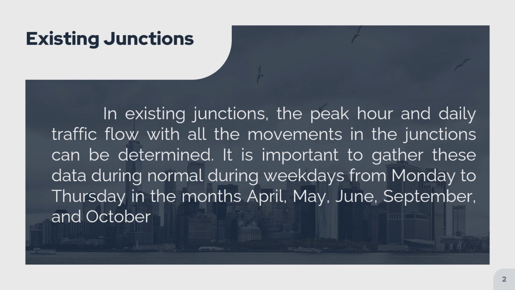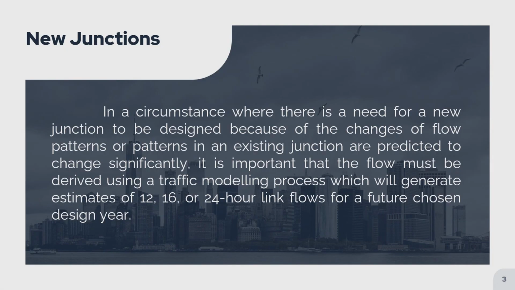Now, moving on are the new junctions. These junctions are those that are planned to be constructed. In a situation where a junction is being designed for a new road or where flow patterns through an existing junction are predicted to change significantly, meaning that the flow may not be constant because of the changes to the general network, flows must be derived by the use of a traffic modeling process which will generate estimates of 12, 16, or 24-hour link flows for a future chosen design year.